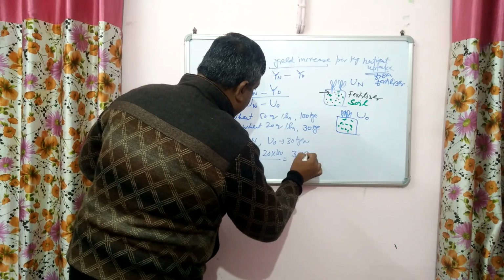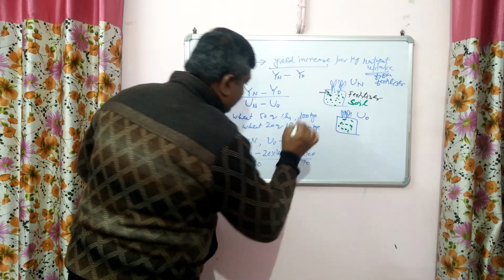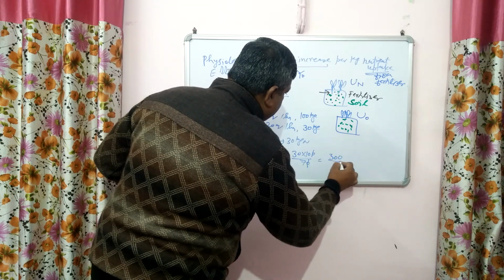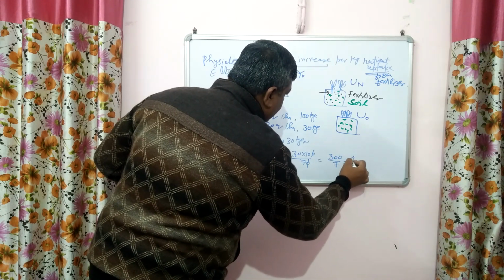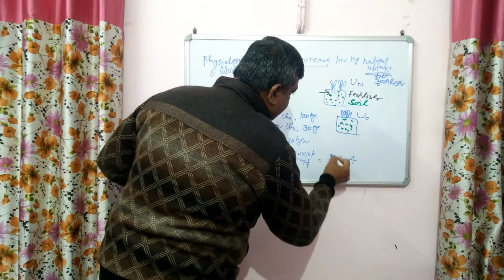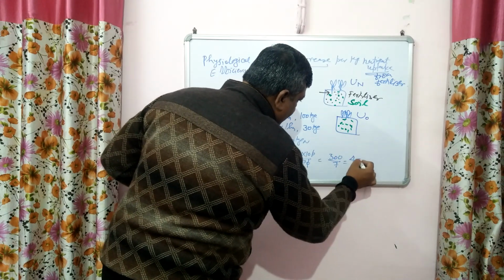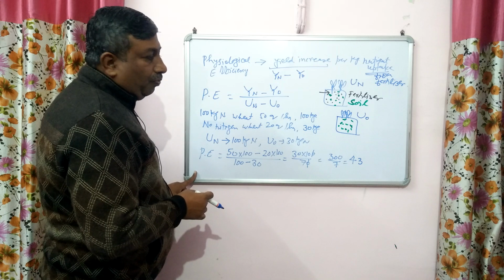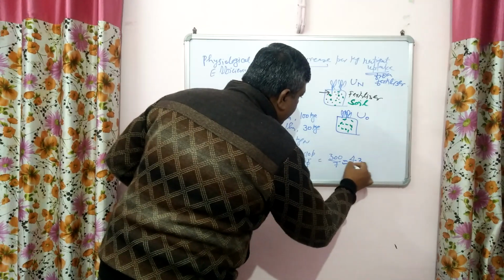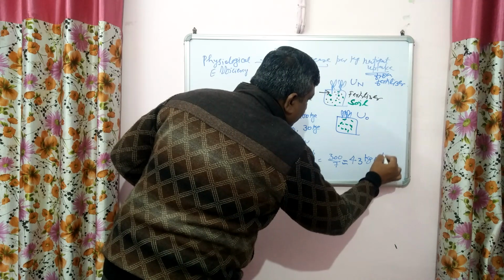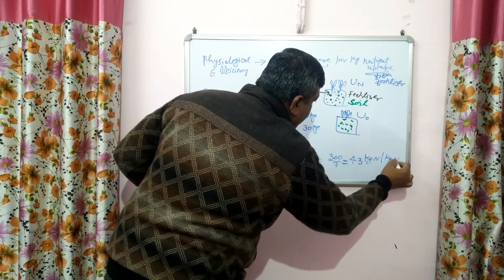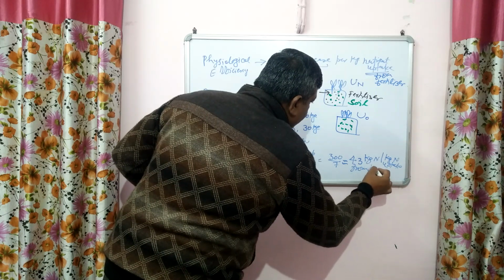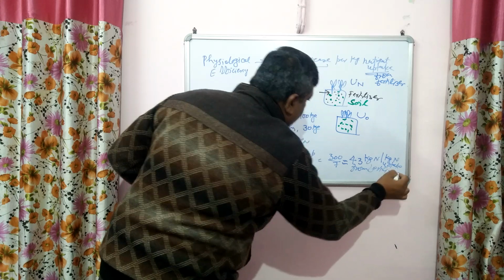So it is 30 into 100 divided by 70, and it is about 43, approximately 43 kg yield per kg nitrogen uptake from fertilizer. So this is the physiological efficiency.